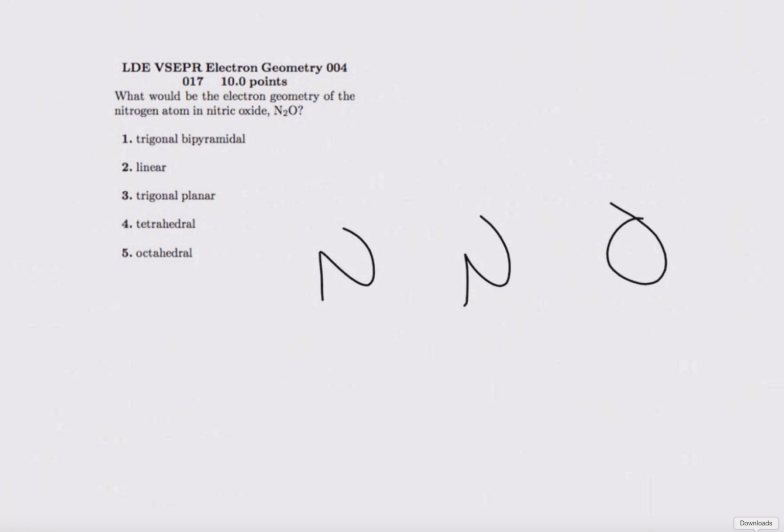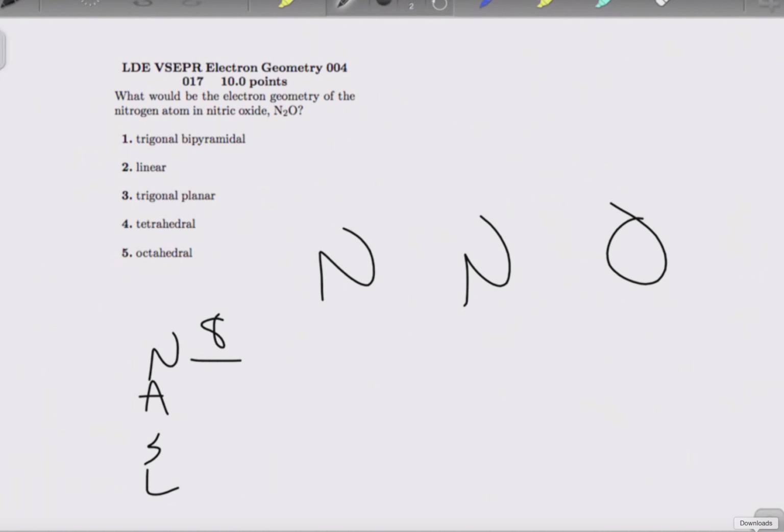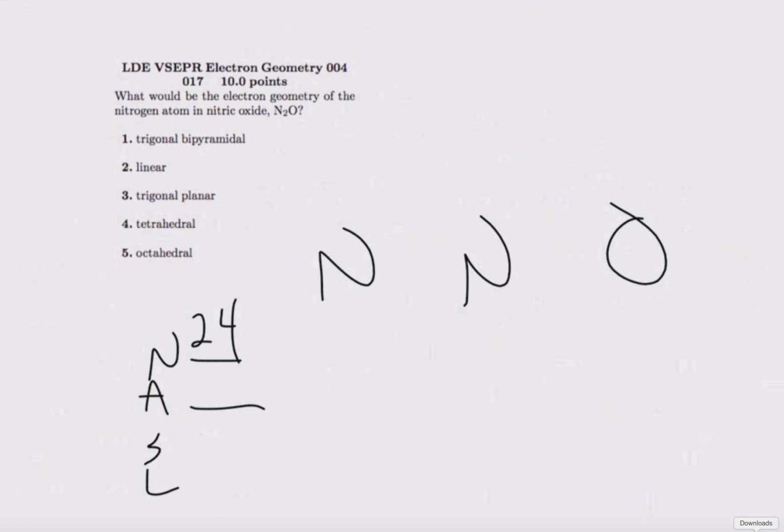So when we do the Lewis structure, 3 atoms need a total of 24 electrons to fill their valence, 8 apiece. Available, we have 5 from each of the nitrogens and 6 from the oxygen for 16, which means we have to share the difference, which is 8, and we're going to have 8 left over. In order to share 8 electrons, we need to make 4 bonds, or 2 double bonds.